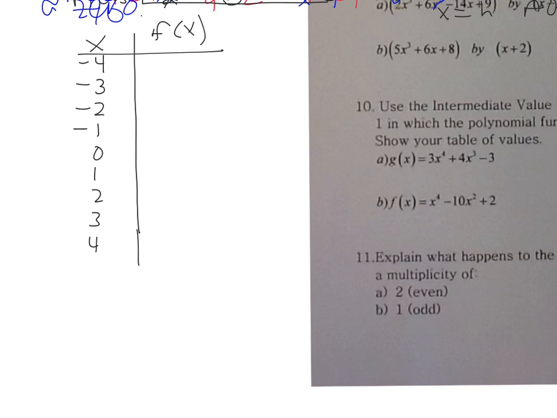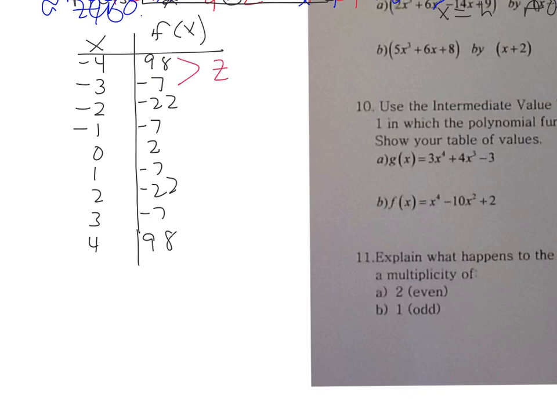I have 98, negative 7. At negative 2, it's negative 22. Negative 1 is negative 7. 0 is 2. 1 is negative 7. 2 is negative 22, 3 is negative 7, and 4 is 98.